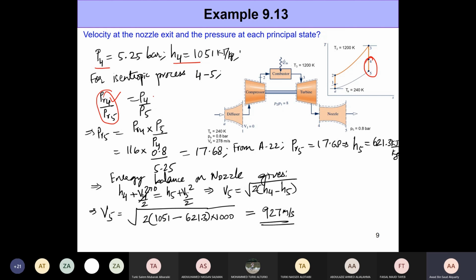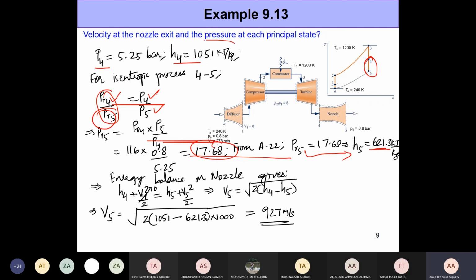PR4 we already know. We know P4, we know P5. From here we get PR5. The reason we want PR5 is because we want to go back to table A22 and interpolate. PR5 comes out to be 17.68, and through interpolation we get H5. H5 is 621.3.